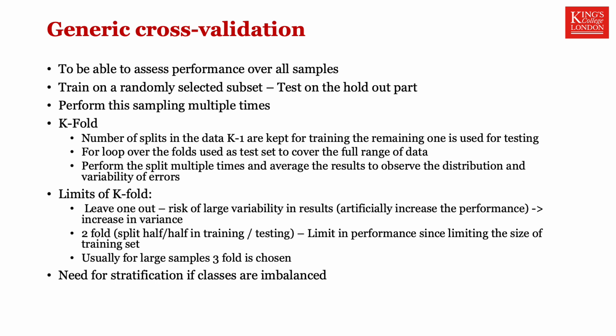You train on k minus 1 of the subsets, and you test on the one that is left out. Then you loop through all the folds, so that every single image that is available is tested once, using obviously another training set.